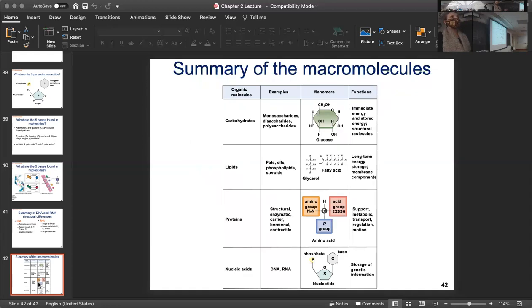Lipids are made up of a glycerol and 3 fatty acids. Proteins are made up of amino acids. And nucleic acids are made up of a phosphate, a sugar, and a nitrogen-containing base. And then on that last column there, it just gives the function. This is a good little reference tool when remembering what macromolecules do. What you would need to know about macromolecules would be this table.